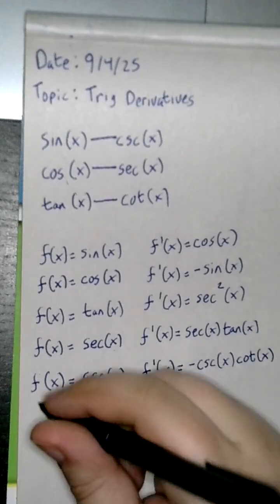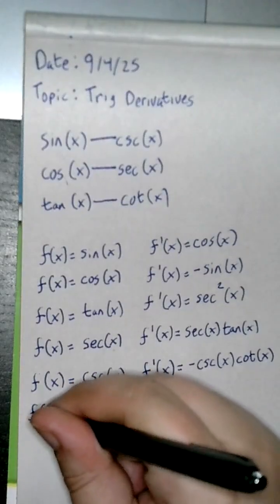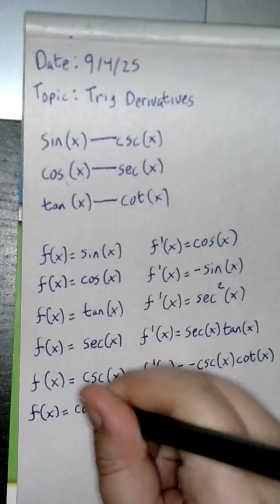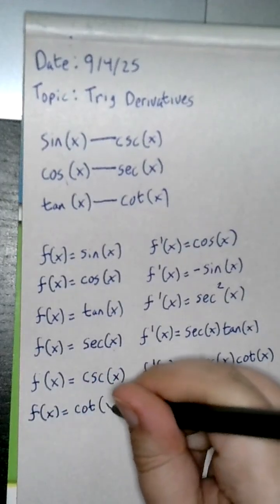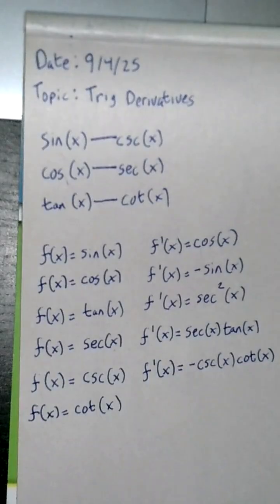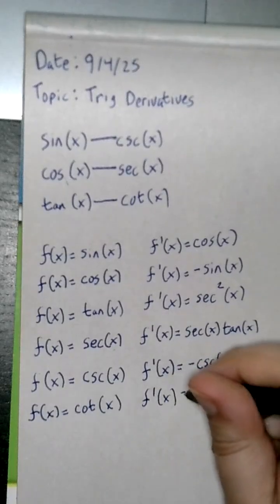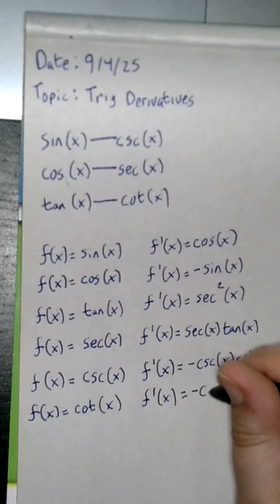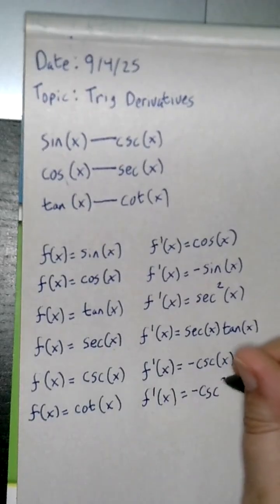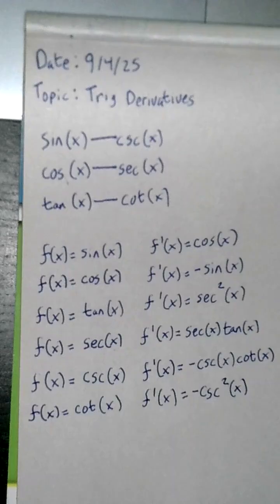And finally, if f of x is equal to cotangent of x, the derivative is going to be f prime is negative cosecant squared. And those are your 6 trig derivatives.